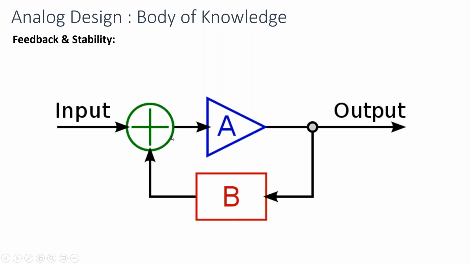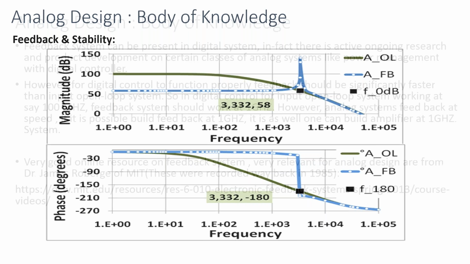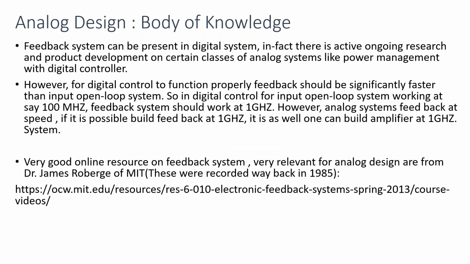What differentiates it from a typical analog feedback is that analog feedback works at speed. Let's say you have a 100 megahertz signal which you want to control digitally; you need at least a 1 gigahertz feedback loop.